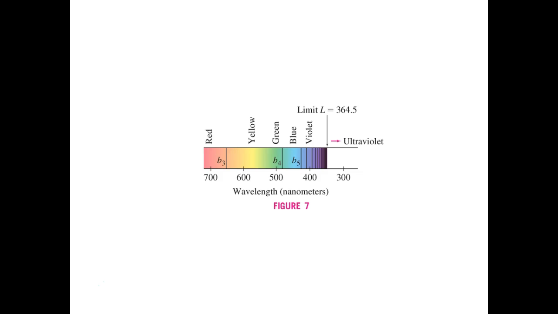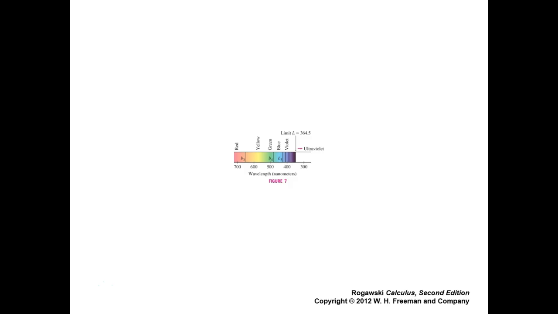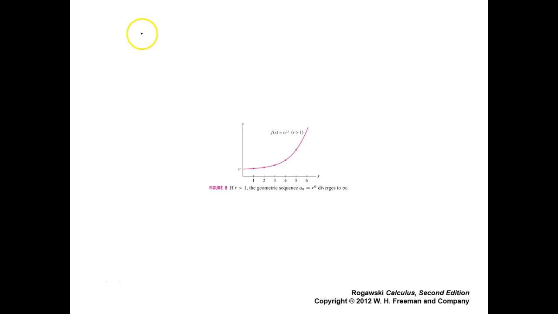Now we start something brand new, but it's pretty important. And that's the geometric sequence. Here's what a geometric sequence is. A sub n is equal to C times R to the n.